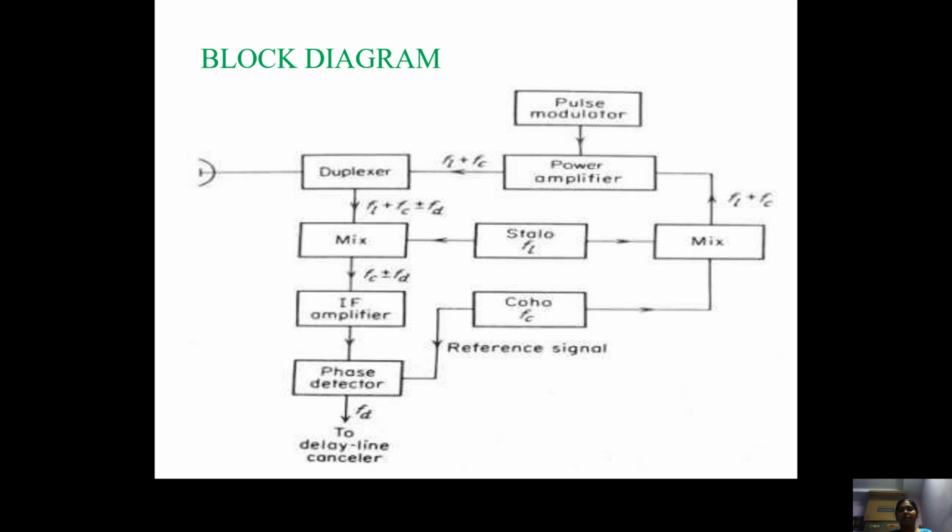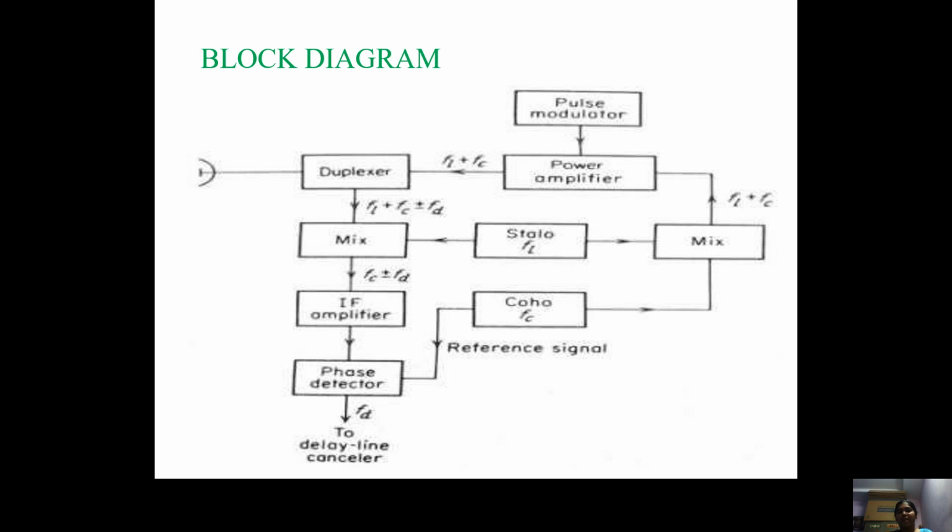Here, this is a duplexer which acts as both the transmitting and receiving antenna. Coming to the pulse modulator, it generates the pulses which can be transmitted with the high power gain available from the power amplifier.